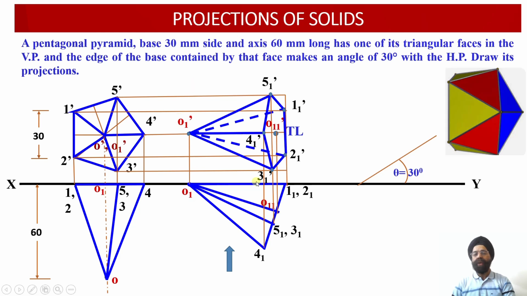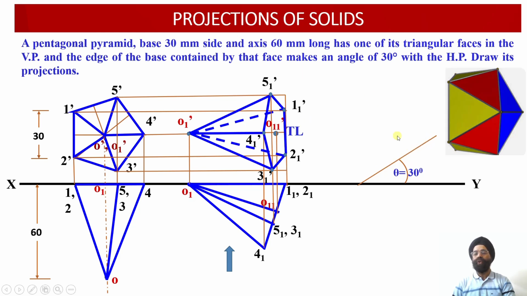So now we are required to reorient or rotate this front view projection in such a way that it is reoriented at an angle of 30 degrees, while this base edge 1 1 dash and 2 1 dash will be located alongside this projection line which has been drawn at an angle of theta equal to 30 degrees.